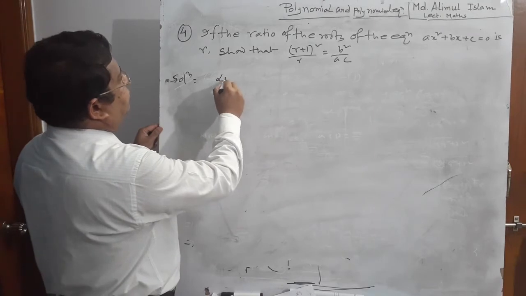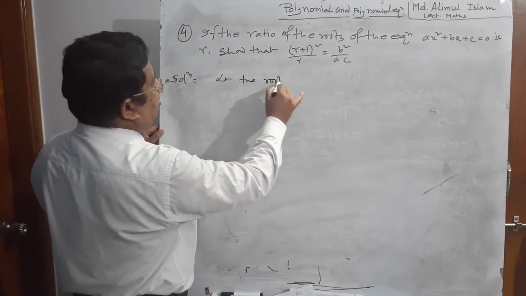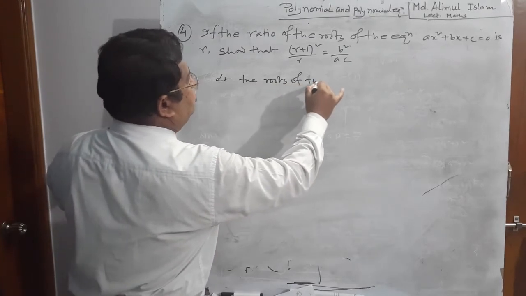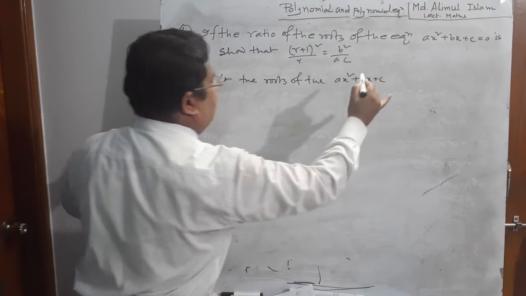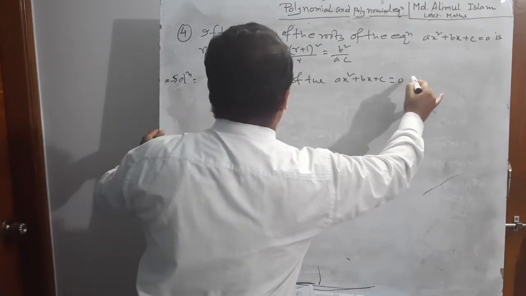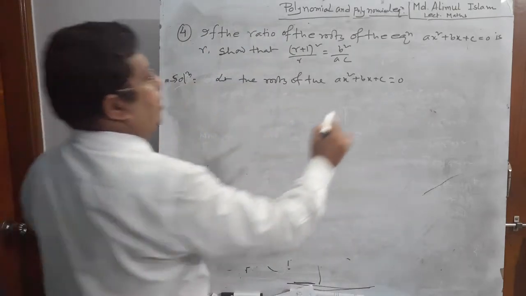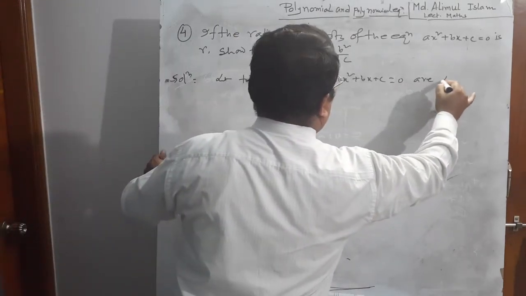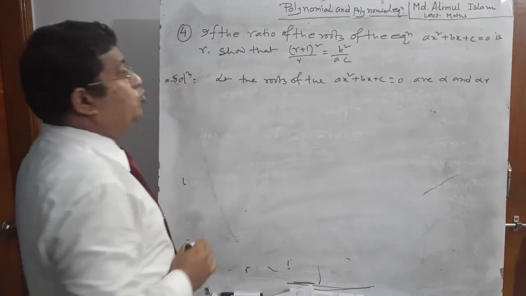Let the roots of the equation ax square plus bx plus c is equal to 0 be alpha and alpha r, where r is the ratio of the two roots.